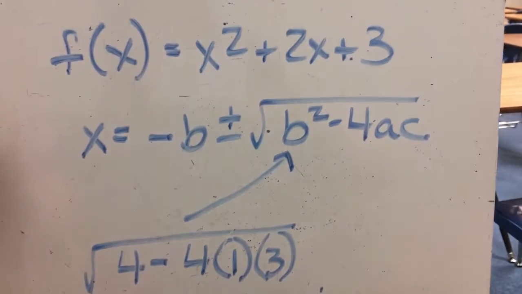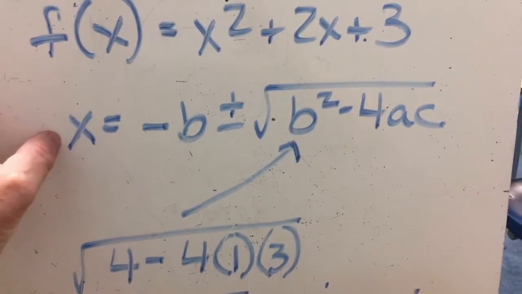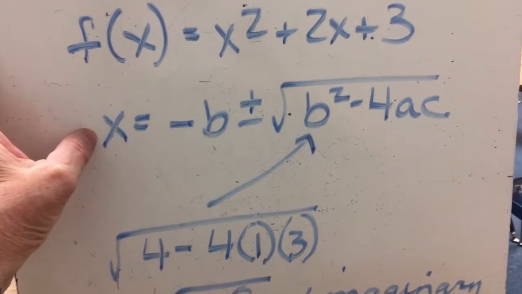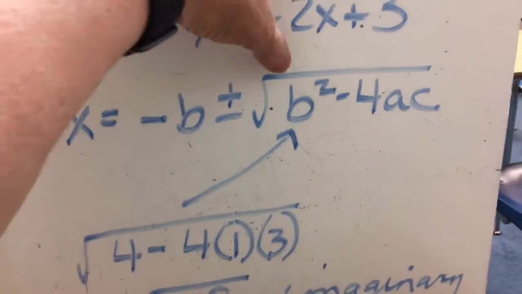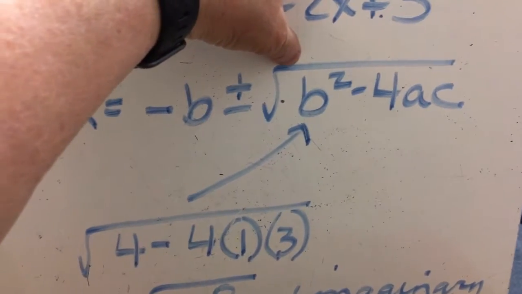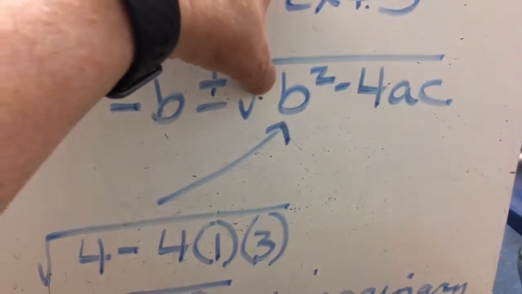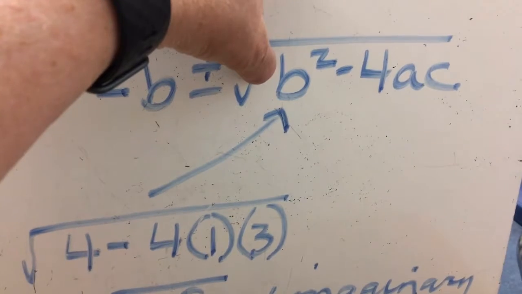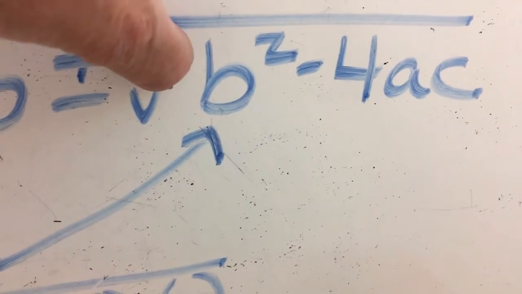So the next thing I did was go to my quadratic formula, and remember your quadratic formula: x is equal to -b plus or minus the square root of b squared minus 4ac. So I'm going to look over here at what's underneath the square root. Remember, b squared minus 4ac will tell us what type of answer we have. It's called our discriminant, and it tells us what kind of answer we can expect.